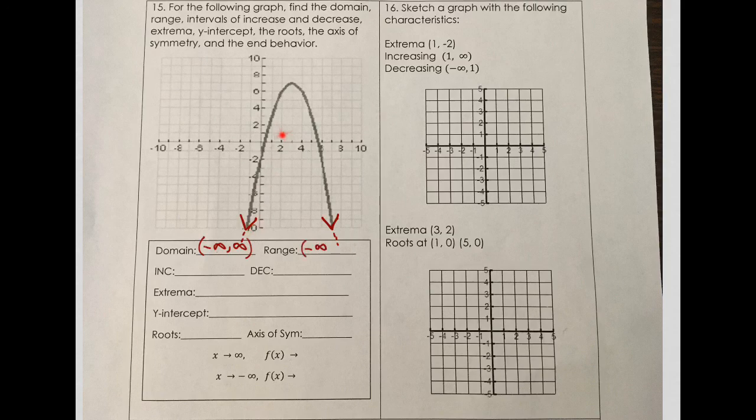And then it's going up to only right here. This is the highest point, and that highest point on the y-axis is 7. So from negative infinity to 7, and we do put a bracket on that because it stops exactly at 7. We know it's not going anywhere beyond that.